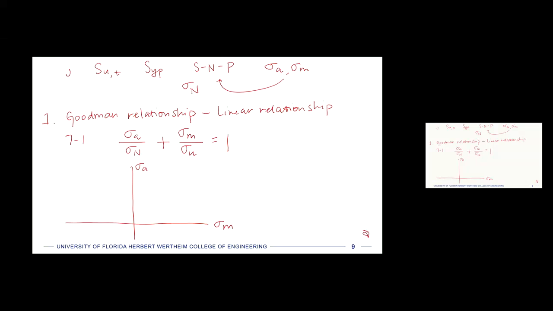So we had a data point here, and then we had points that went down like this. And I said they roughly approach the ultimate strength. So let's just normalize the x-axis by the ultimate strength. And I said it started on this y-axis at the fatigue strength, sigma_N. So we'll normalize the y-axis by that one. And then we just go between 1 and 1, right? So then we have 1, and we draw a line between them. And that's the Goodman relationship.